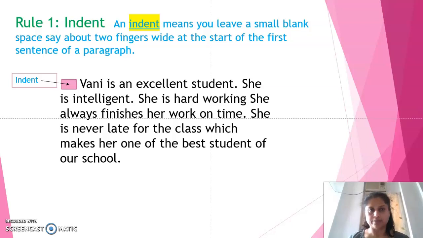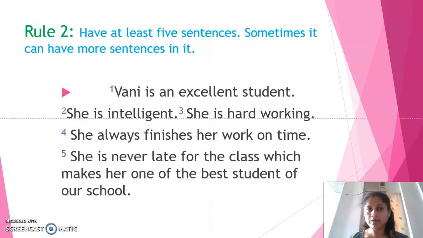Now, what is rule number 2? Remember, number of sentences. Rule number 2 says an ideal paragraph must have at least 5 sentences. Sometimes it can have more sentences, but 5 is a pretty good number.